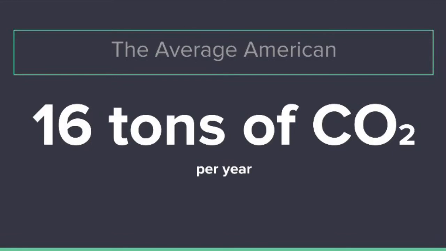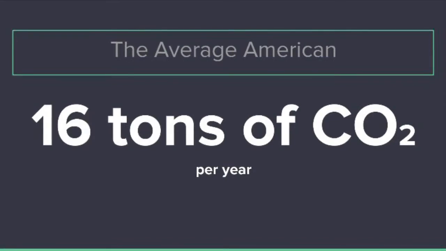But the scientists say that in order to stay under 2 degrees of warming, the global average needs to be 2 tons of CO2 per year by the year 2050. So there's a large discrepancy between this 16 tons of CO2 in the US and that 2 tons of CO2 that's required by 2050 in order to stay under that 2 degrees of warming.